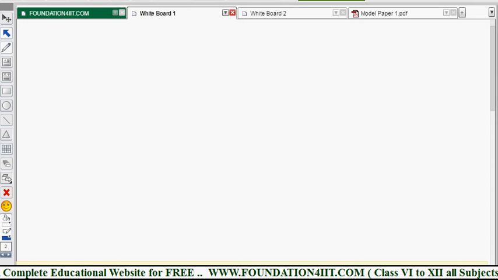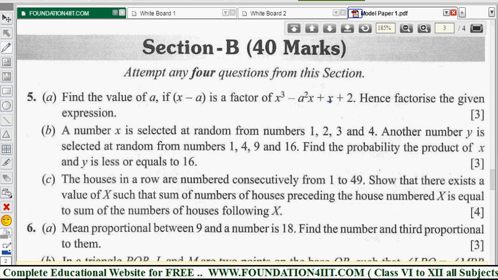Fifth a. According to the question, the given function is f of x equals x cube minus a square x plus 2. And x minus a is a factor.